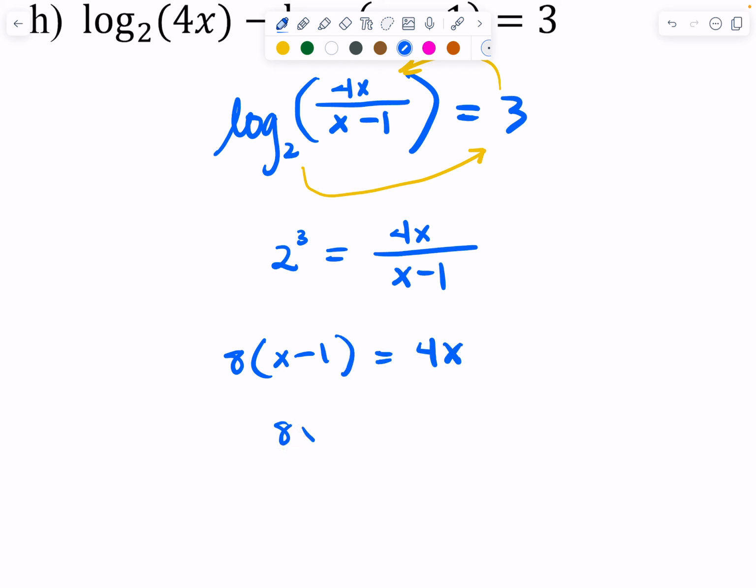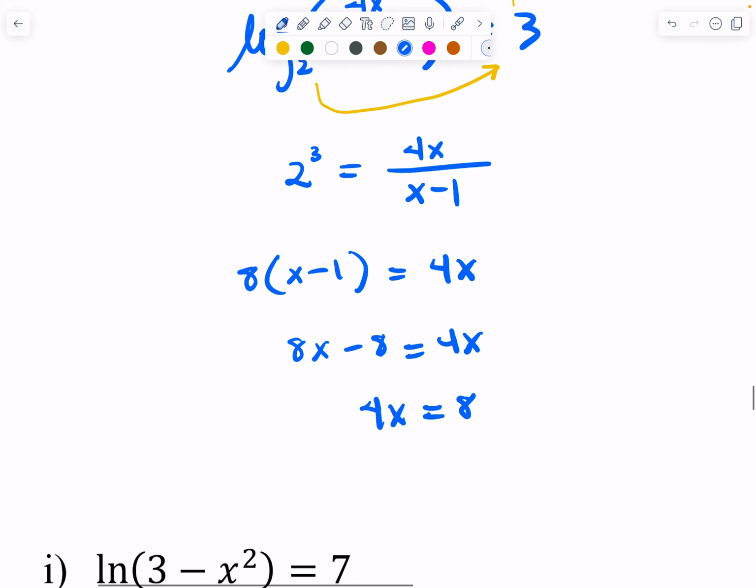And distributing the 8, okay, so that would be 4x equals 8. And I end up with x equal to positive 2.